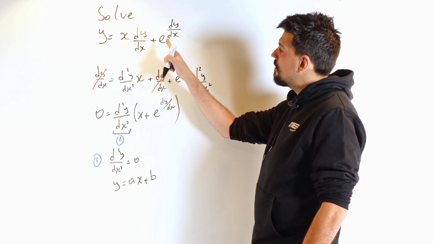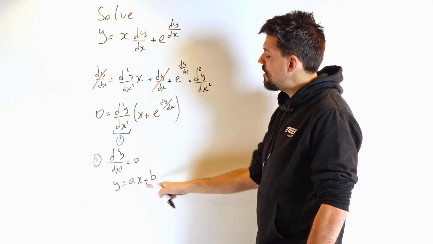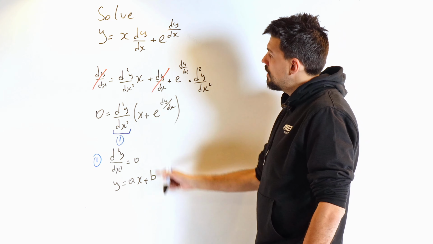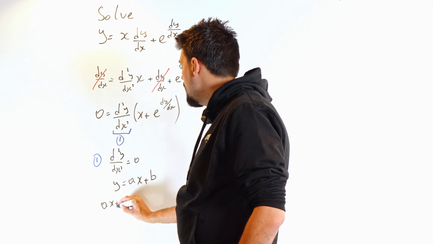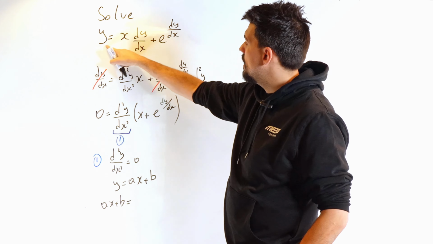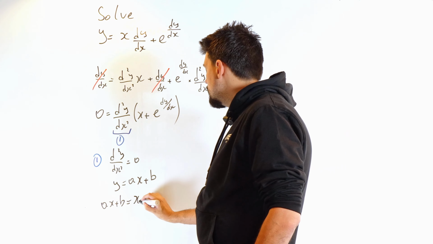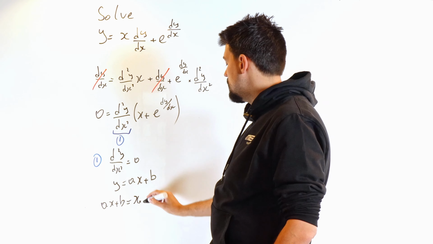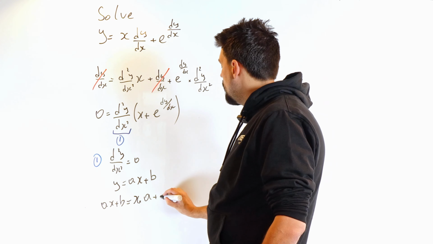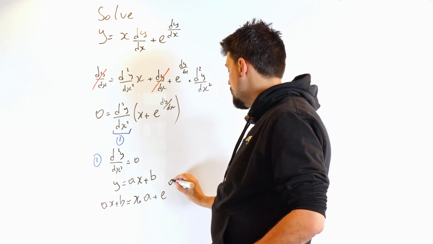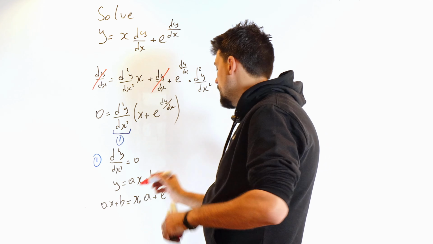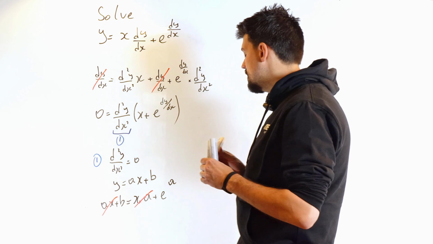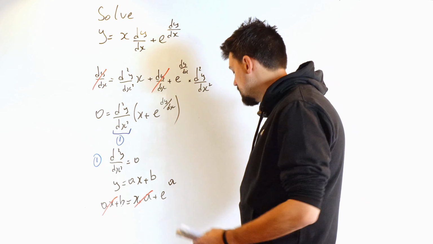However, this is a first order differential equation, so I shouldn't have two unknowns. Let's just plug it back in. Left-hand side, ax plus b, equals x times dy dx, which is a, plus e to the dy dx, which is a. And what we notice is that the ax cancels, so b has to be e to the a.